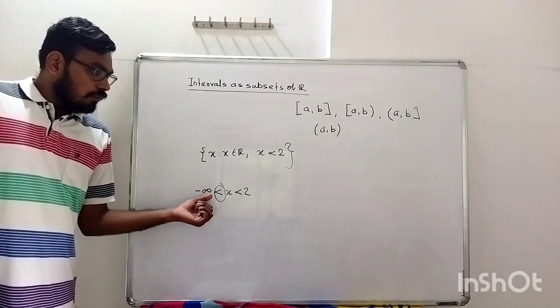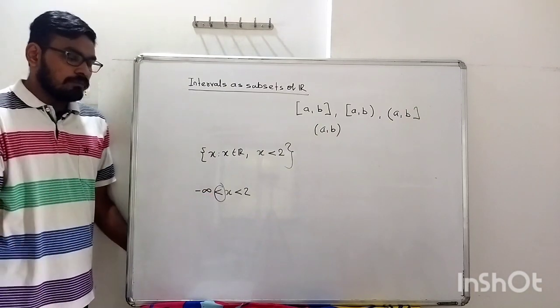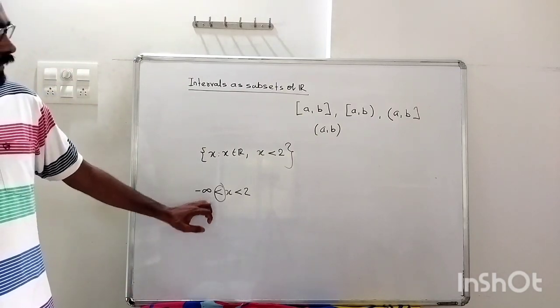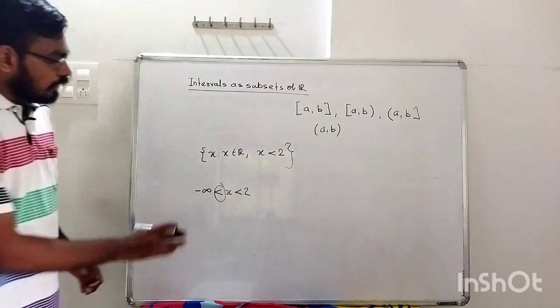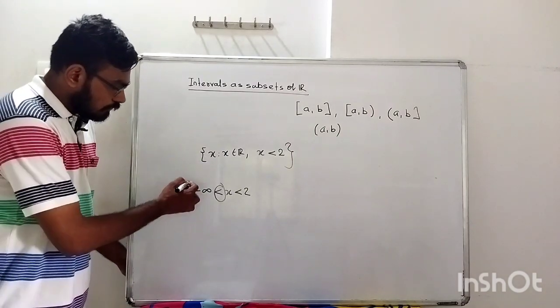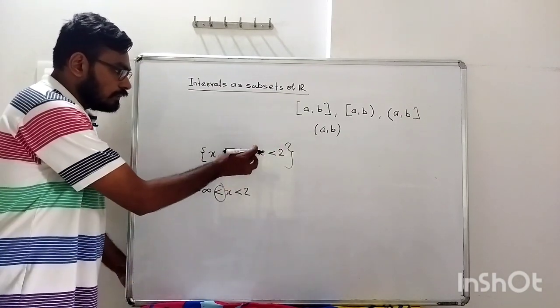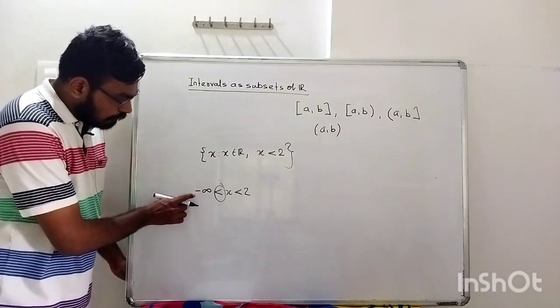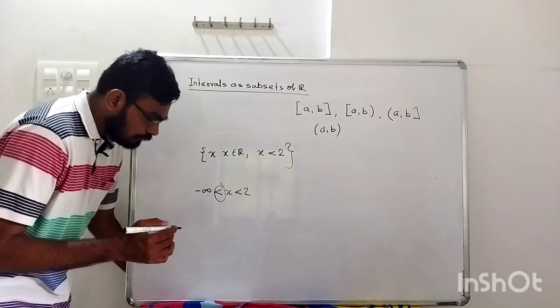We can't say it as a negative number, but it is smaller than all the negative numbers. Minus infinity, negative of infinity, smaller than all the negative numbers. So we denote it like this. So whenever we see x less than 2 and there is no restriction this side, we just put minus infinity there. And what will become now?